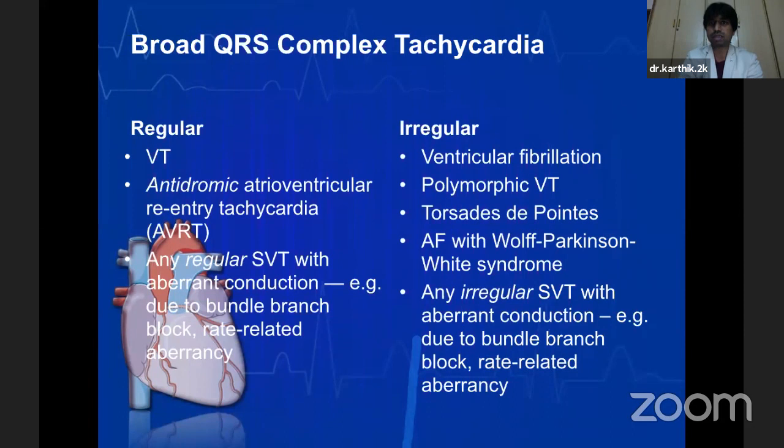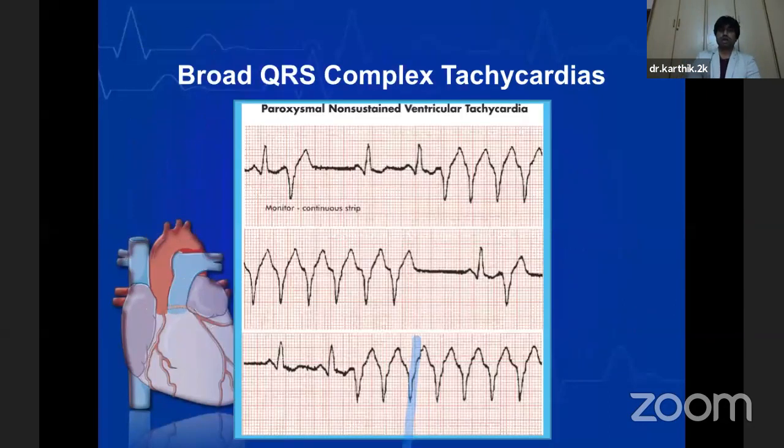We have differentials of ventricular fibrillation, polymorphic ventricular tachycardia, torsades de pointes. After torsades de pointes, we have atrial fibrillation, which can get conducted through an aberrant pathway resulting in pre-excited atrial fibrillation and irregular supraventricular tachycardias. So these are some of the illustrations for broad QRS complex tachycardias.